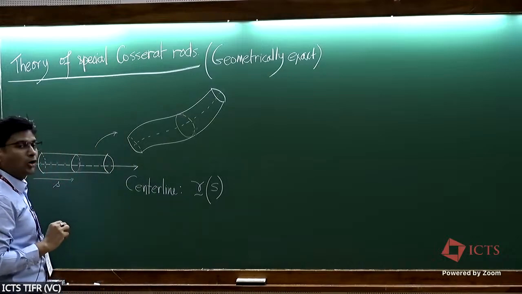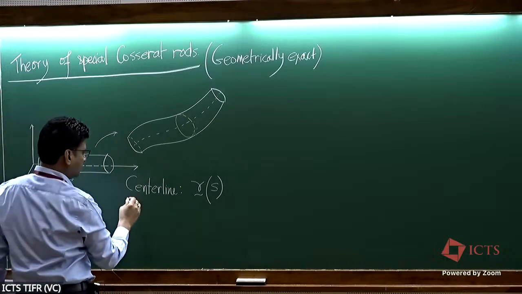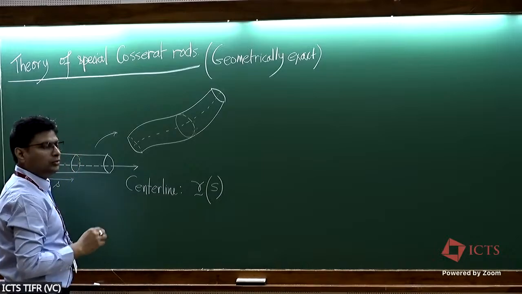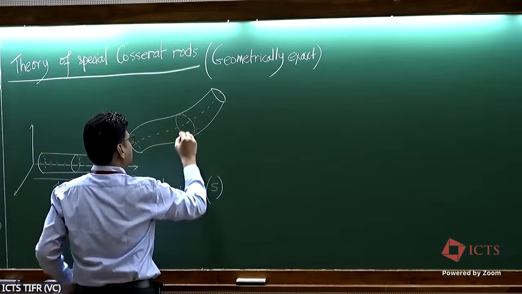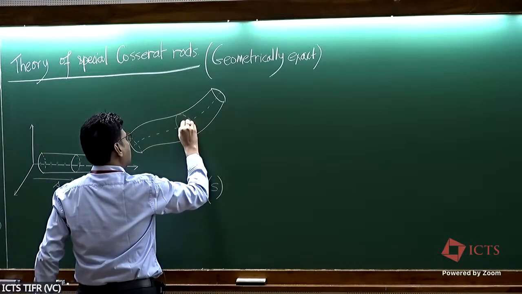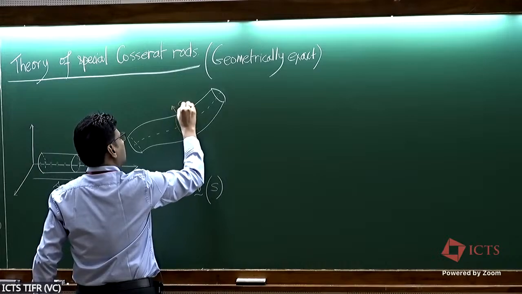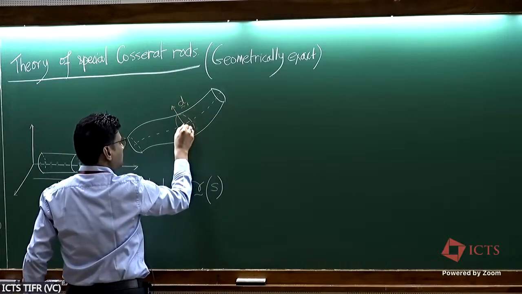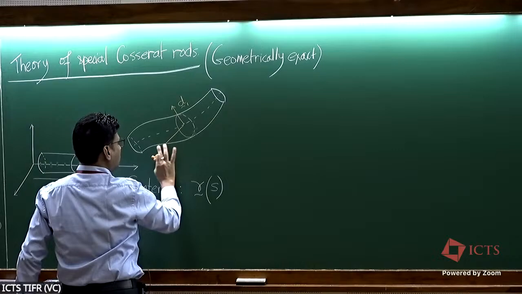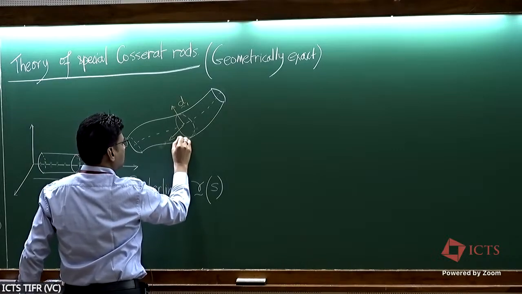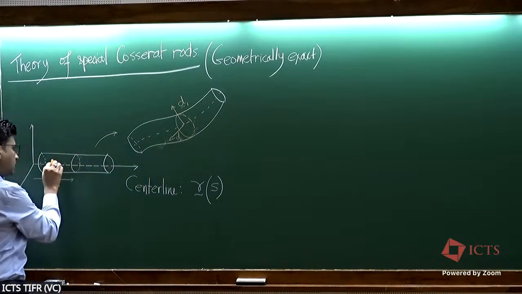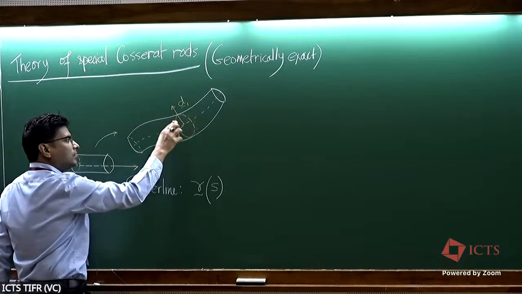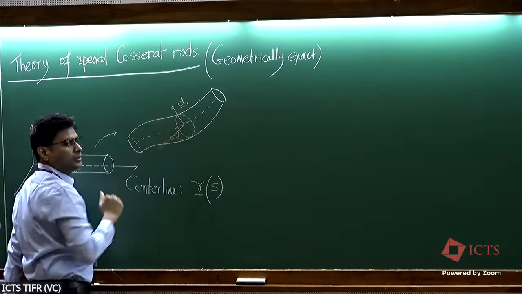Now, how do we take into account the orientation of the cross-section? To do that, we have directors here, D1 and D2. Well, let's not make it so big. They are attached to the center line, and they signify the orientation of the cross-section.